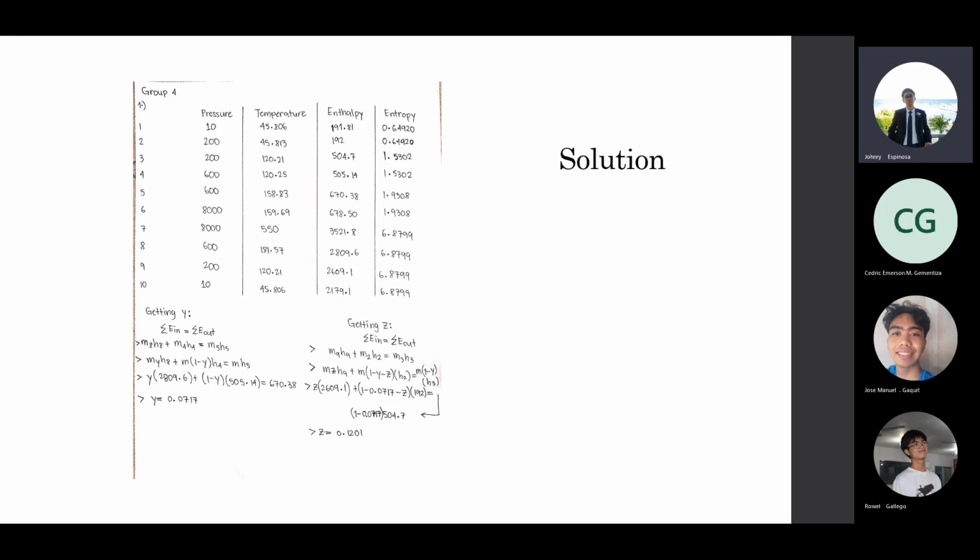And with this, we get our z value, which is 0.1201.